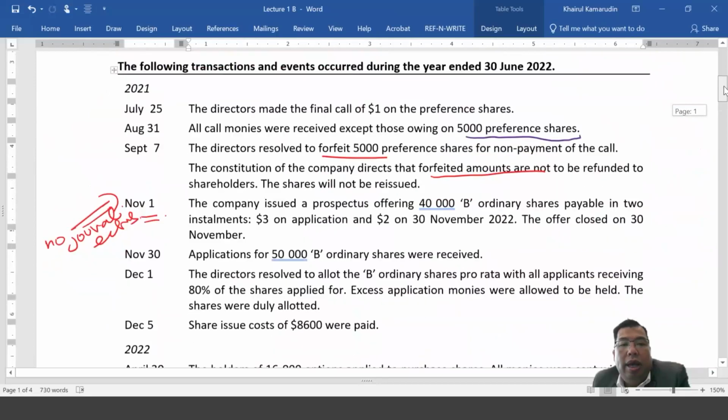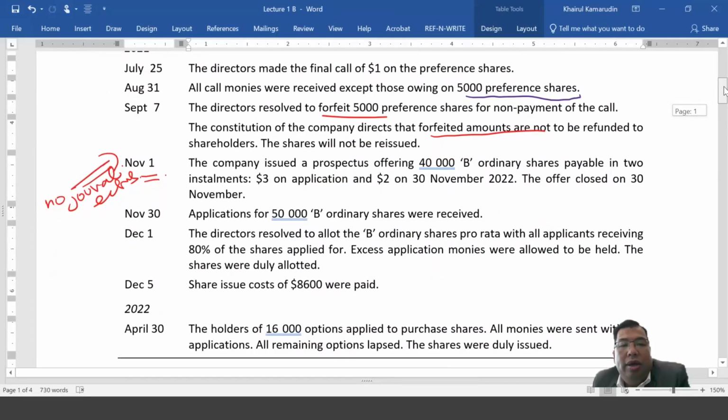Okay. Then on 30th November, we receive applications, oversubscription now, 50,000 B ordinary shares. We advertise for 40,000. We receive oversubscription of 50,000. So can you multiply this by $3 each?